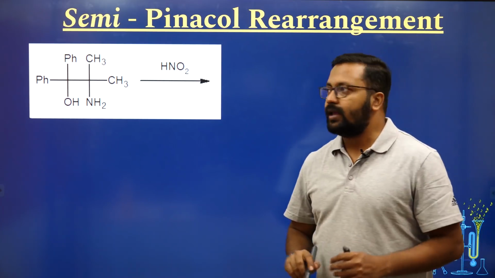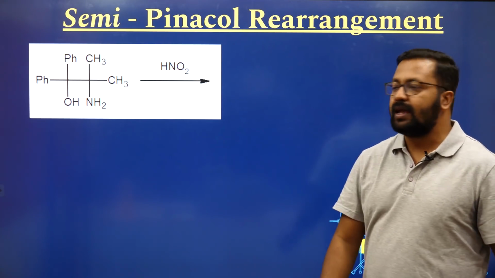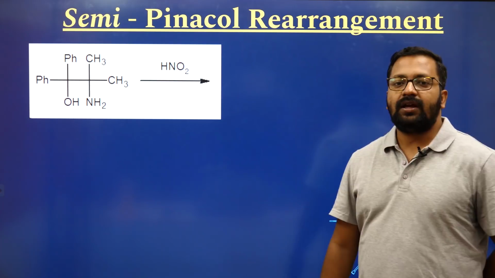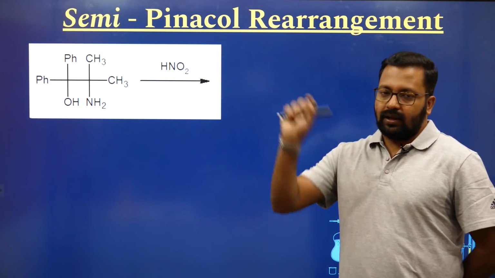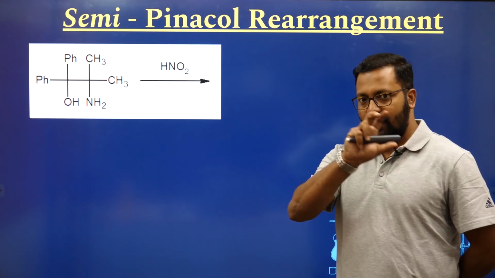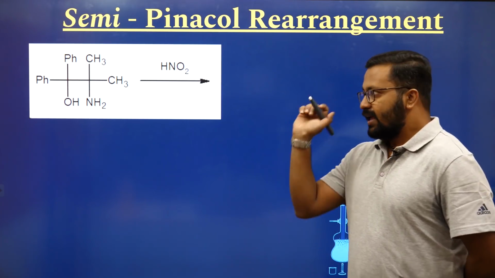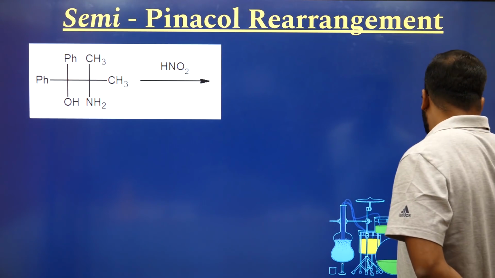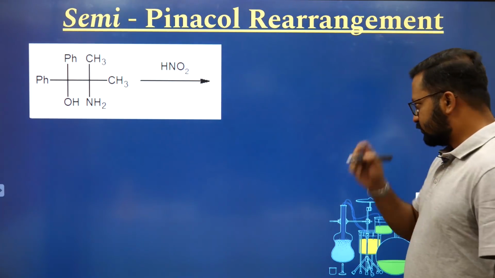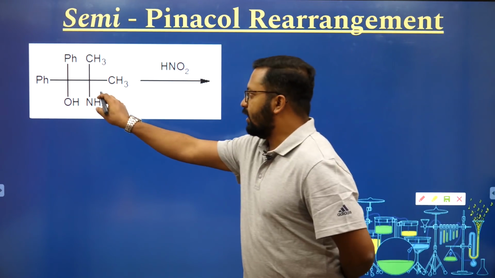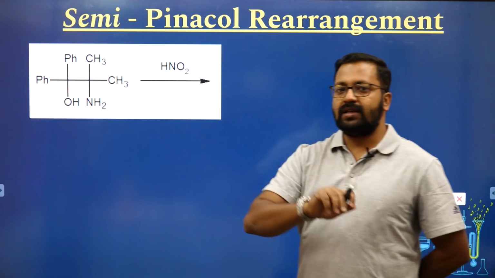But here that will not happen, because as soon as we take HNO2, OH will not convert into OH2 and leave as a water molecule to form a carbocation. Rather, NH2 will get removed as N2 plus.